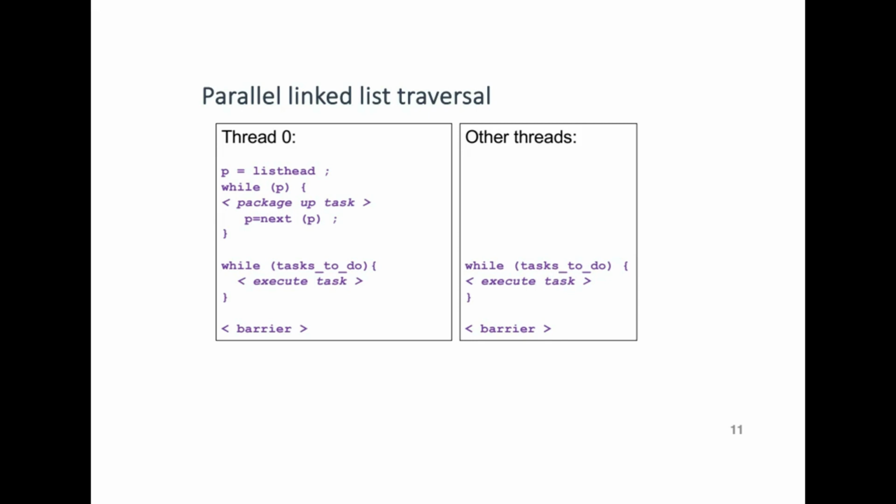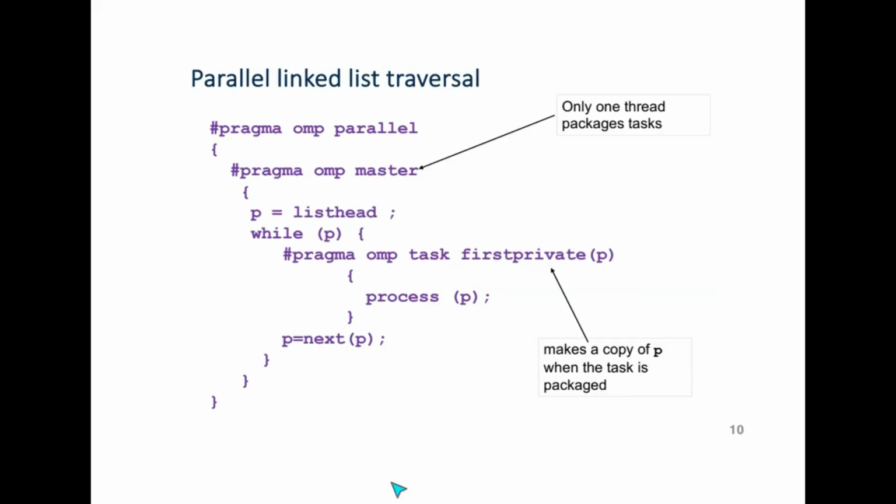So in terms of what the threads are doing, the threads other than the master thread have no code to execute here, or so it appears. So they will skip over this master block and arrive at the barrier at the end of the parallel region.